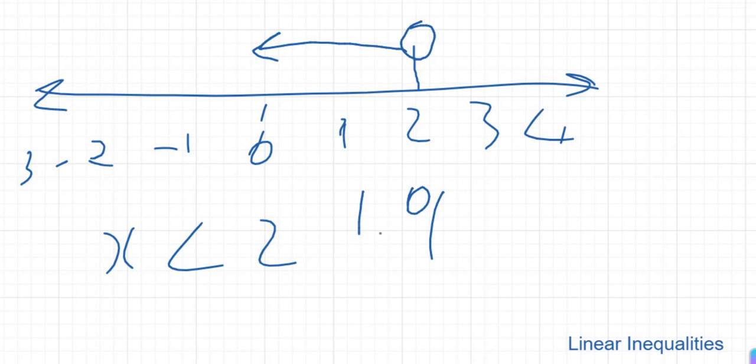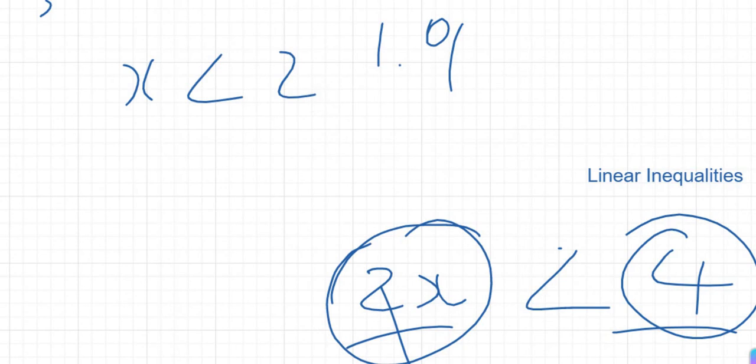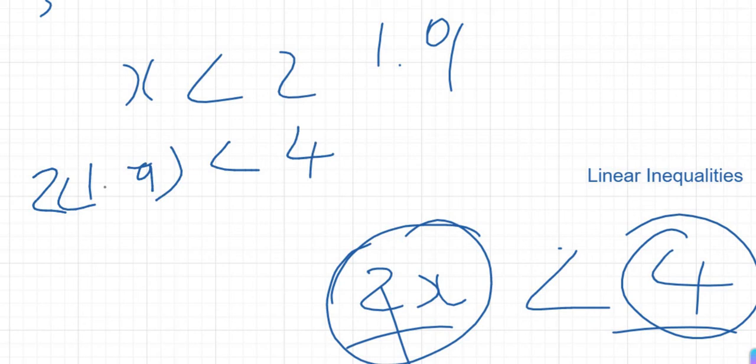If you plug 1.9 into this inequality and simplify, let us see if this is actually true. If we multiply 2 times 1.9, will it be less than 4? And so we want to look at that.